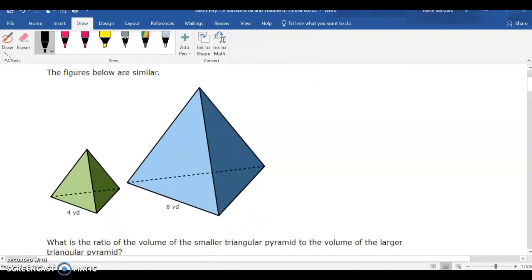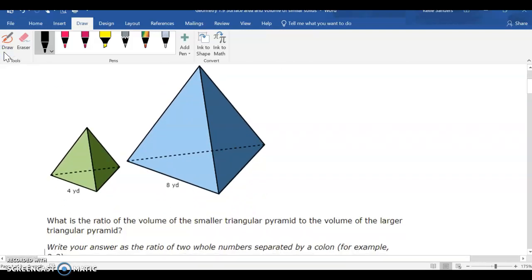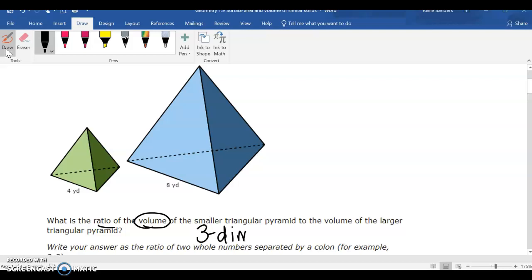Alright, the figures below are similar. What is the ratio of the volume of the smaller triangle to the volume of the larger triangle? So remember, volume is three-dimensional, right? So whenever we're talking about ratios of volumes, and 4 and 8 are lengths, those are one-dimensional.